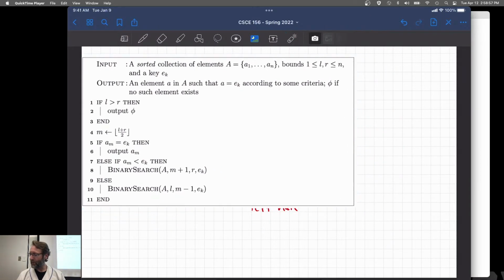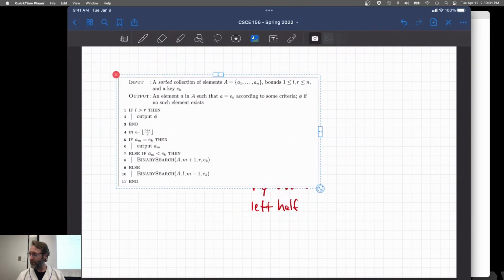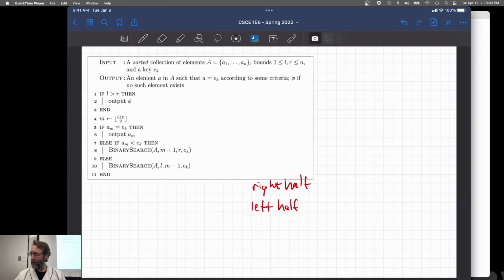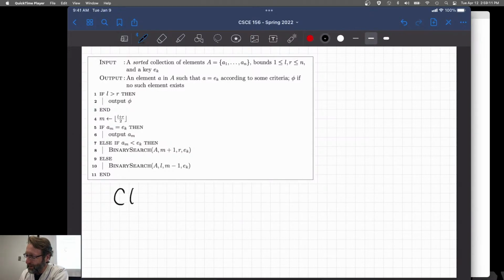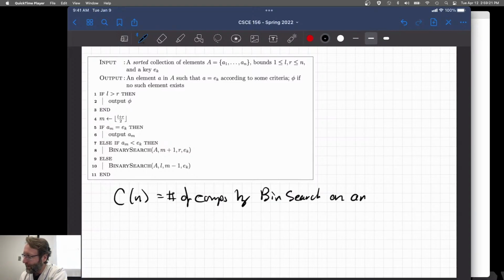So, give myself some more real estate. Oops. There we go. Not too big, small. There we go. All right, same idea. Let's go ahead and set up a recursion here. Let C sub n be the number of comparisons by binary search on an array of size n.